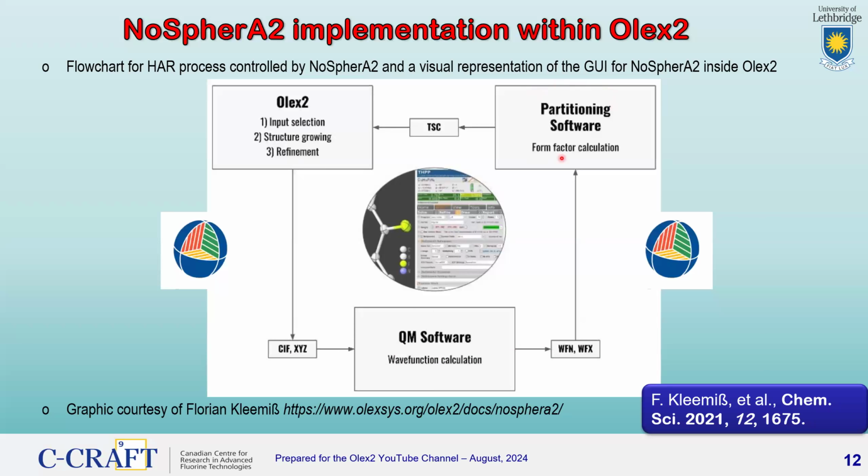Then up here is the main activity of NoSpherA2. It is the Hirschfeld atom partitioning software that takes that electron density and uses the Hirschfeld atom methodology to break up the electron density and assign it to the individual atoms. But now for each individual atom in its true location and its true bonding environment in the molecule in the crystal lattice.